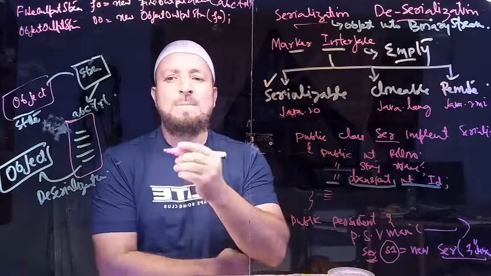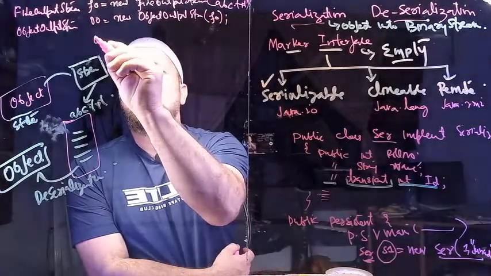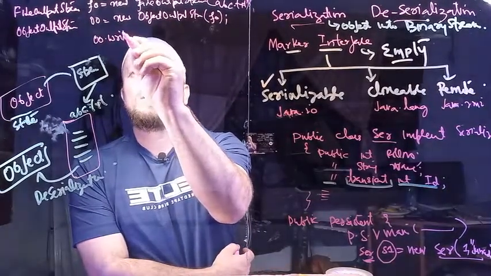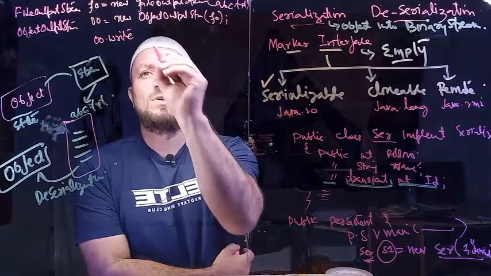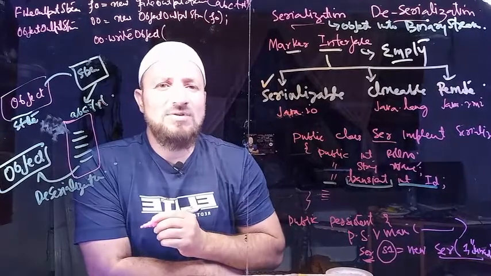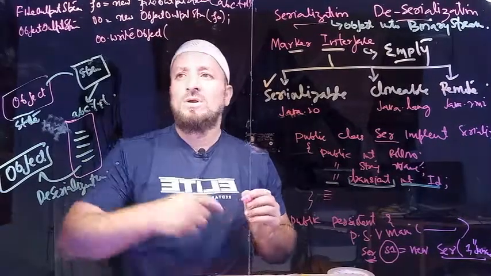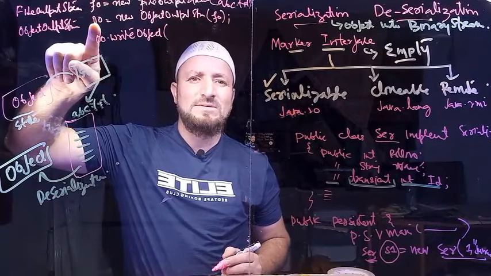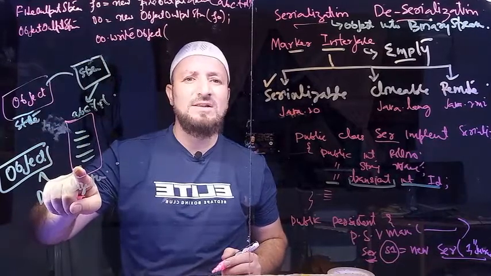Now I have a method called OO.write. What do you want to write? You want to write the object. Now OO is prepared and linked with this file.